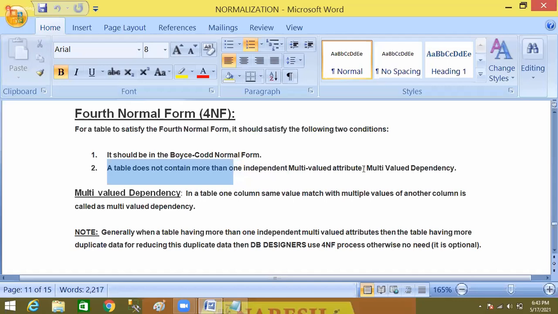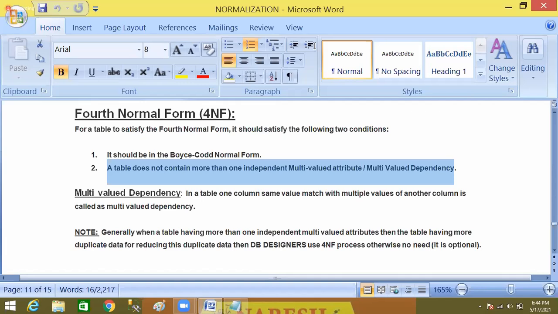A table does not contain more than one independent multi-valued attribute. Understand now? It means that suppose your table has more than one independent multi-valued column.